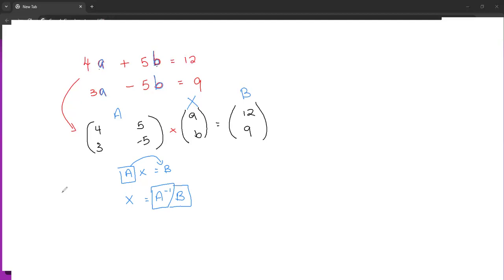So the first thing I need to do is to find out what is the inverse of A. Remember, A was 4, 5, 3, negative 5. And we're trying to find the inverse.